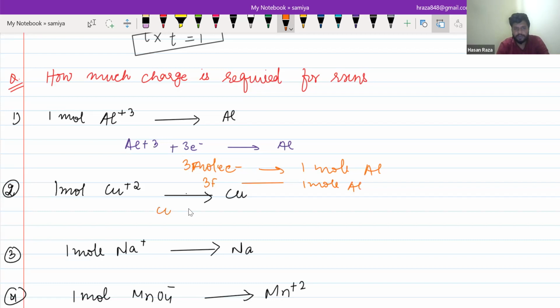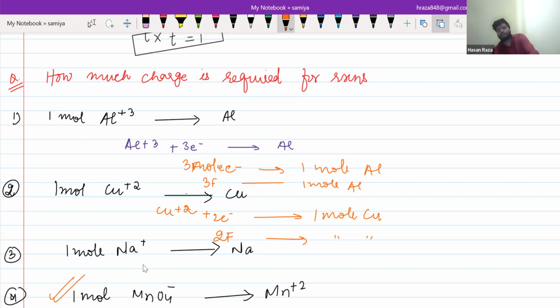In the same way, Cu plus 2 will gain 2 electrons, and it will be converted into 1 mole copper. So 2 mole electron, 2 Faraday, will convert it. Yes or no? What about the fourth one and the first one? The first one is basically 1 Faraday will give 1 mole Na. Yes or no?